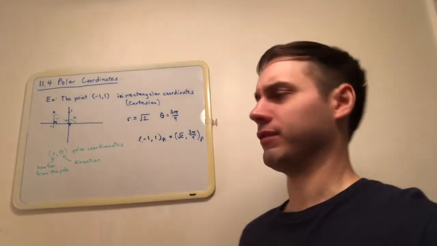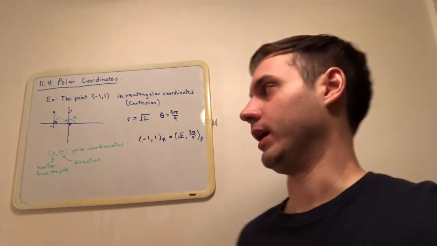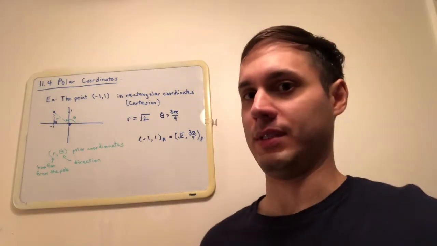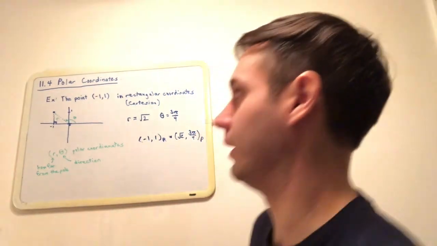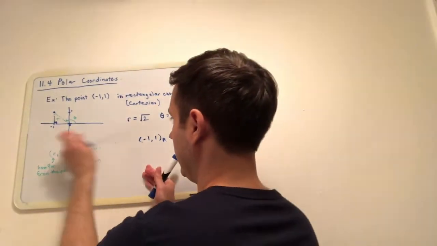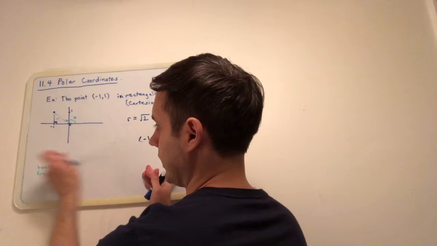So a couple of key relationships that we want to derive from this example between rectangular coordinates and polar coordinates. Let me get rid of a couple of things here.